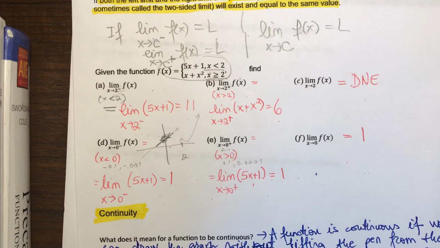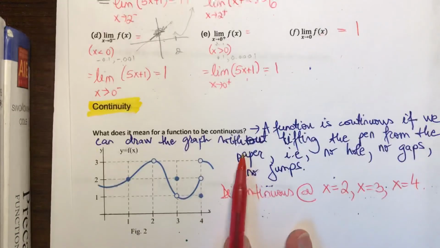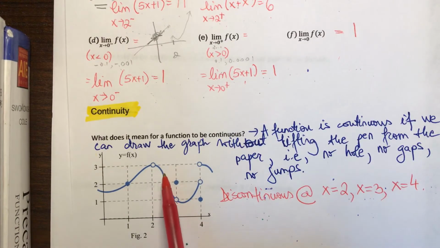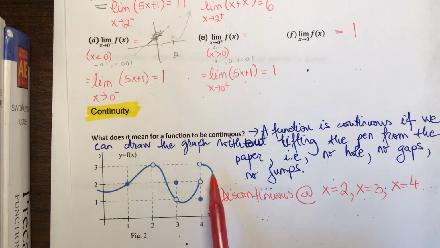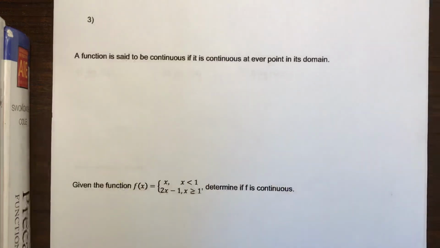It's discontinuous at these points, but that doesn't mean it's not continuous throughout. It's continuous at 2.2, it's continuous at 2.5, it's continuous at 3.3, it's continuous at 4.1, right? It's continuous everywhere except for these 3 points where I had to stop in my graph.